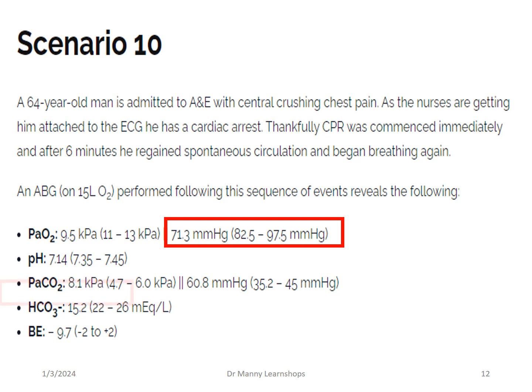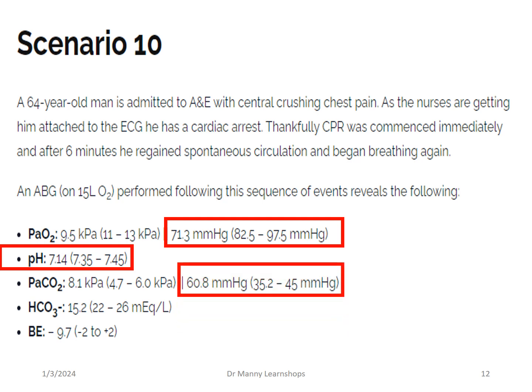You look at the pH, and the pH is very, very low, indicating a profound acidemia, acidosis. You look at the PaCO2 and it's really high, indicating acidosis and hypoventilation.